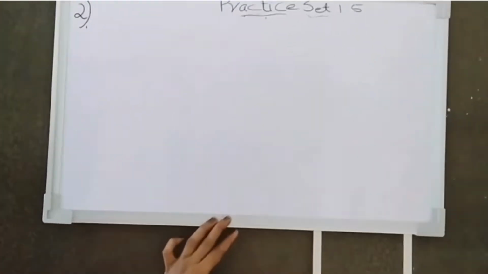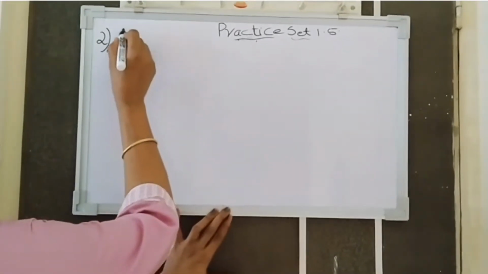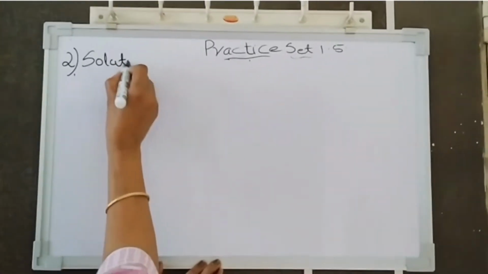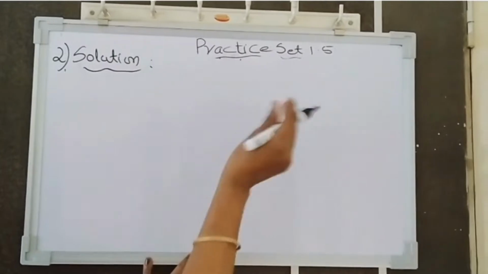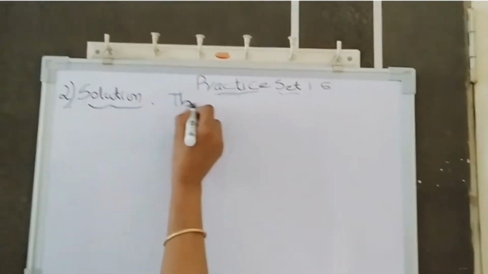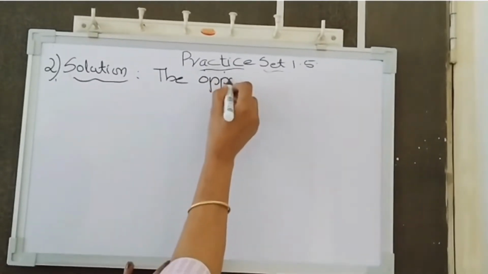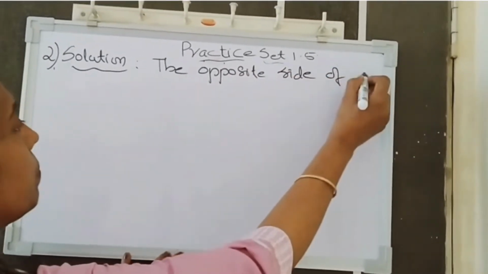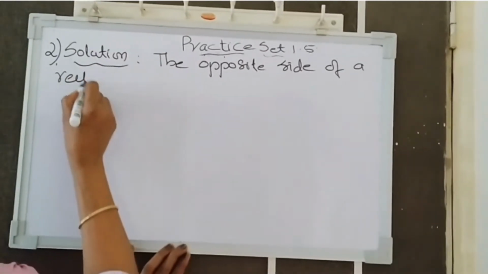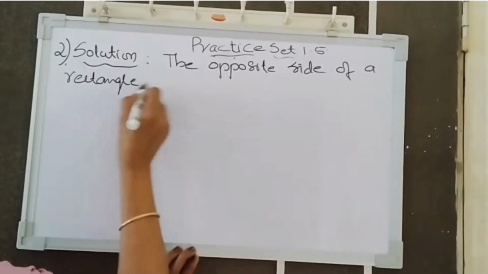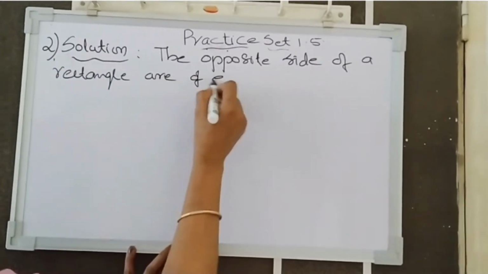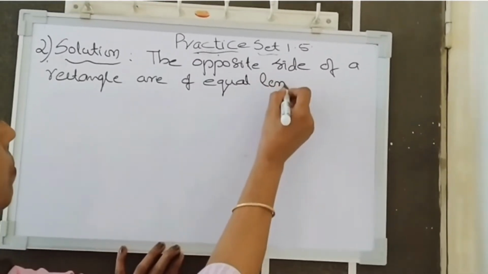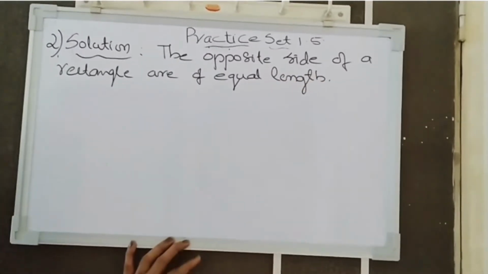First, write the property: the opposite sides of the rectangle are of equal length. Opposite sides are given.